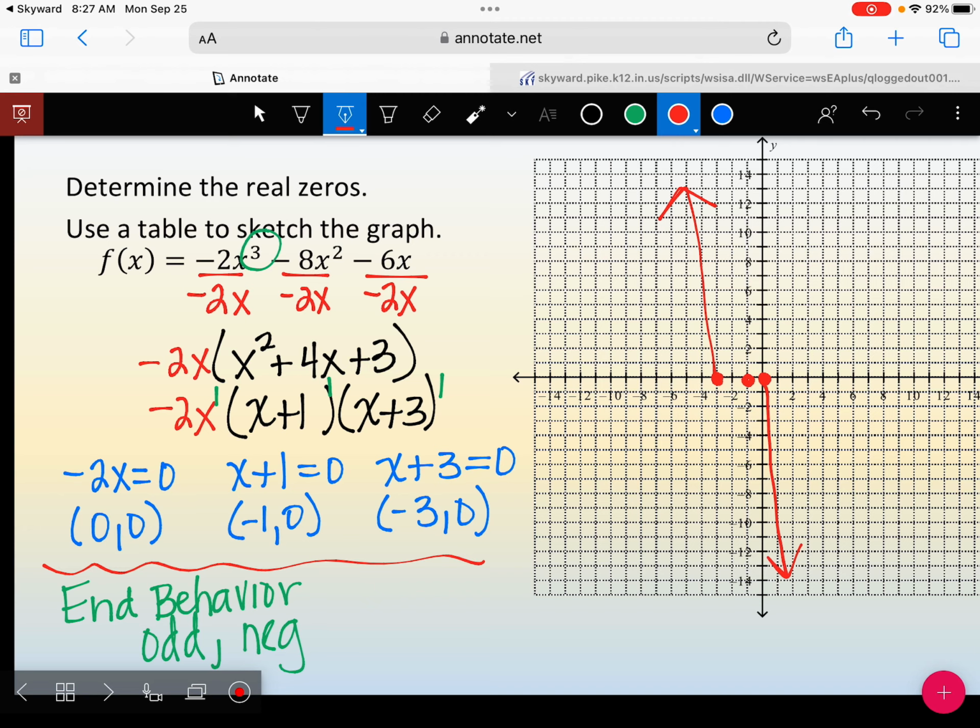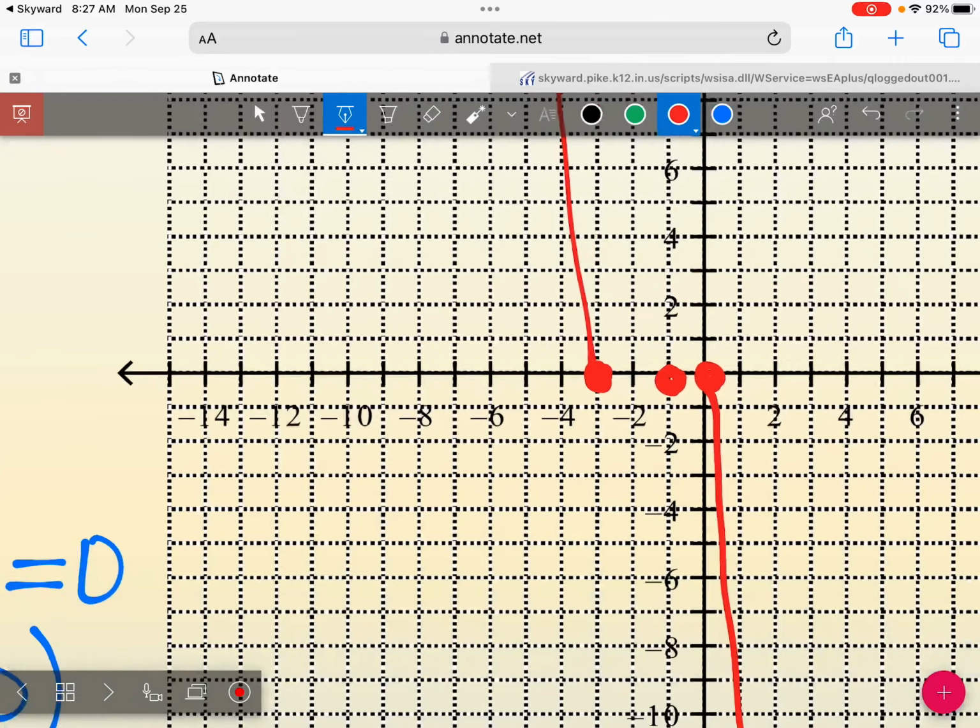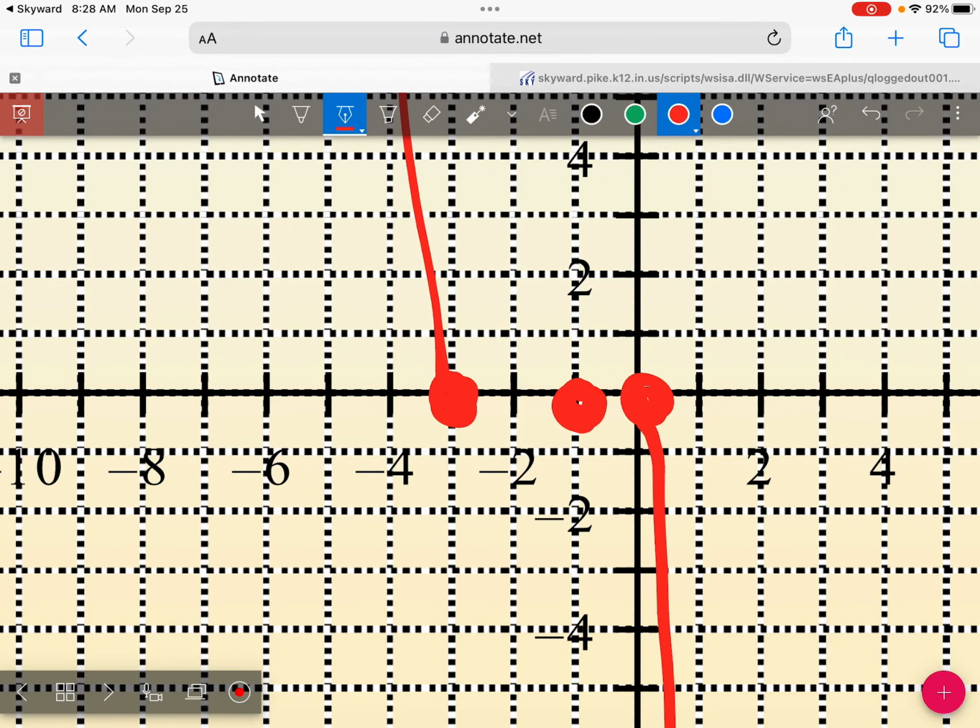So the numbers that we need to plug in now, let me zoom in. I need the number in between these two zeros. The midpoint would be negative 2. And then what's in between negative 1 and 0? Negative 0.5.